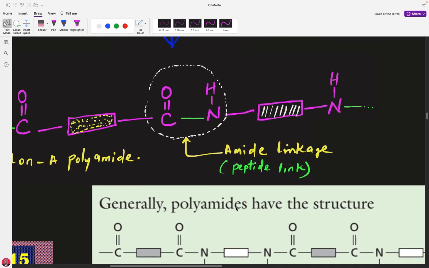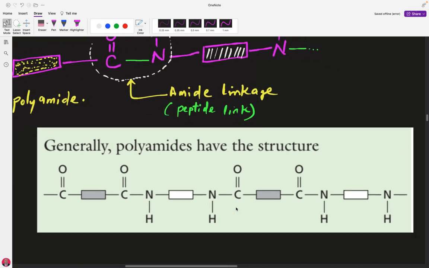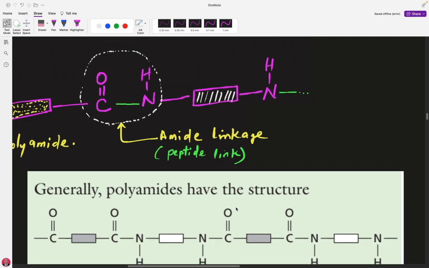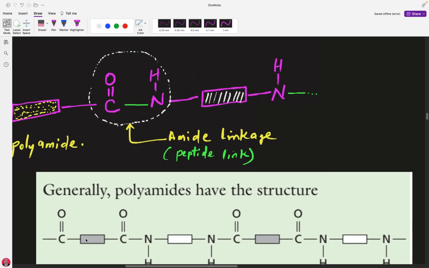Now you could see it like this in your exam. This is the hexane 1,6-dioic acid after releasing the water molecule. This is the keto group that is there.